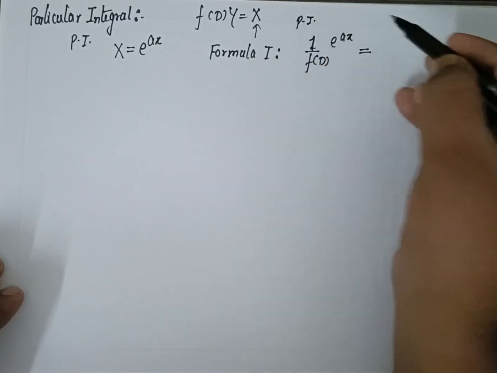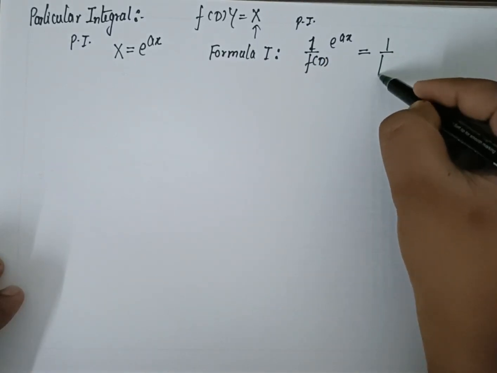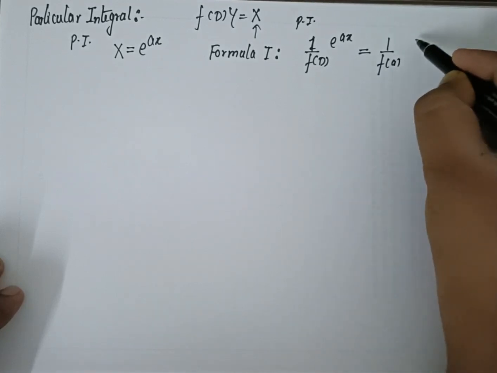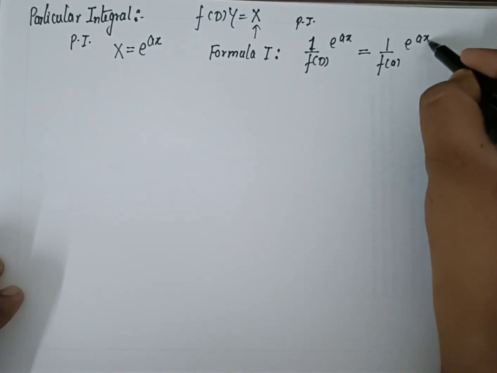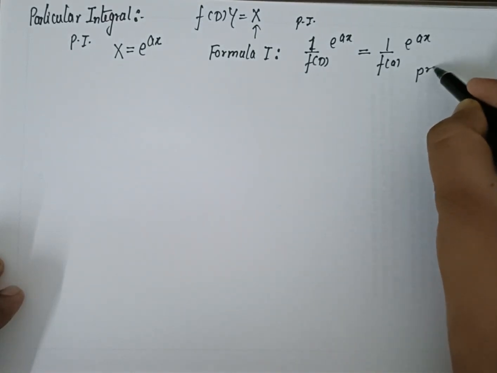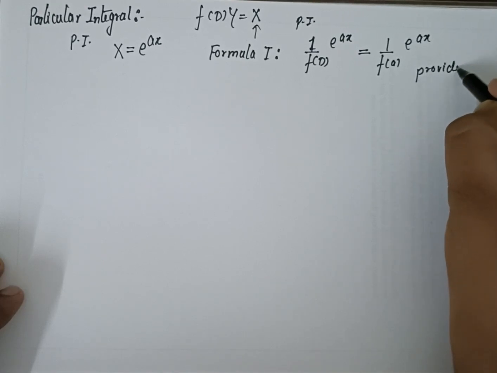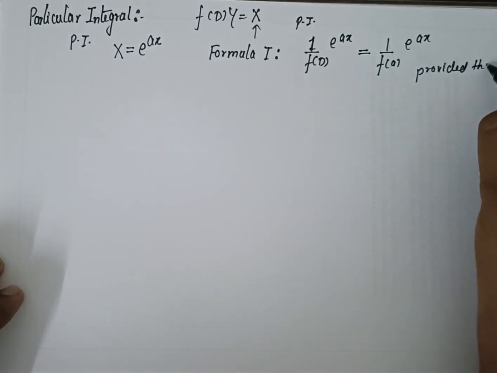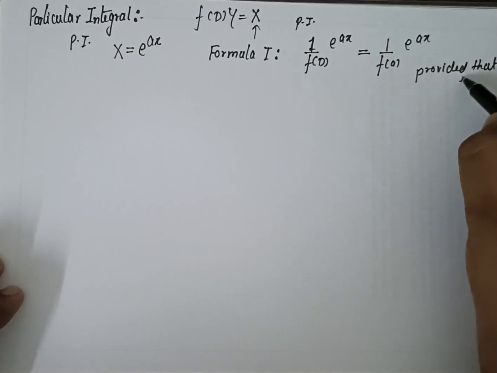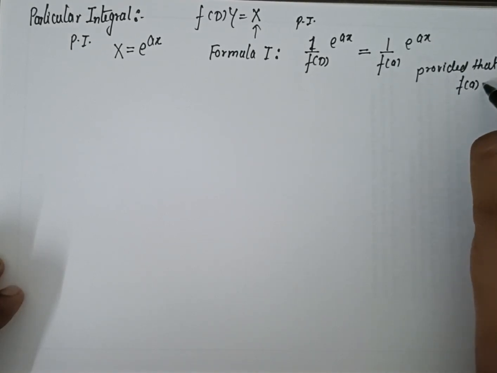You can write it as 1 upon f of a, e to the power ax, but provided that f of a should be non-zero.